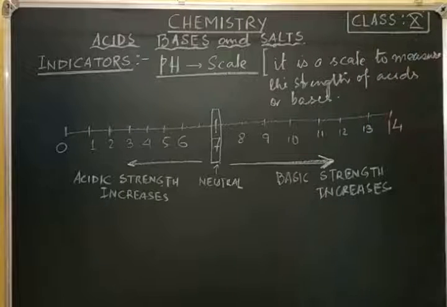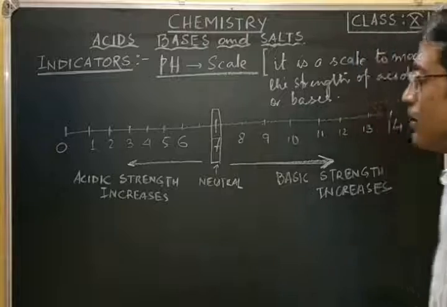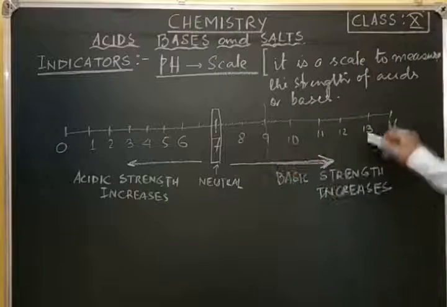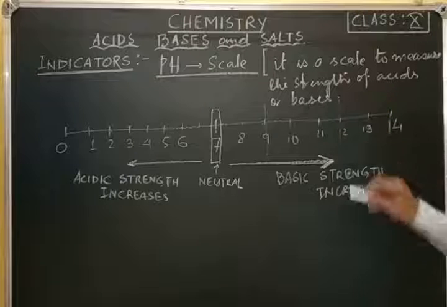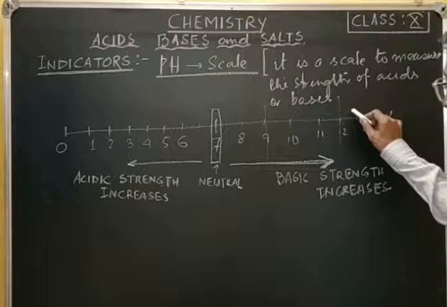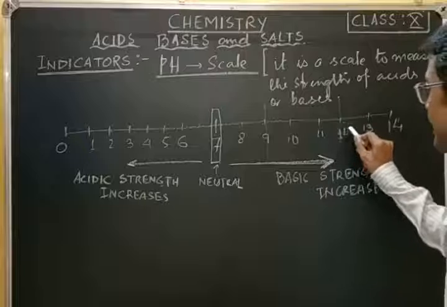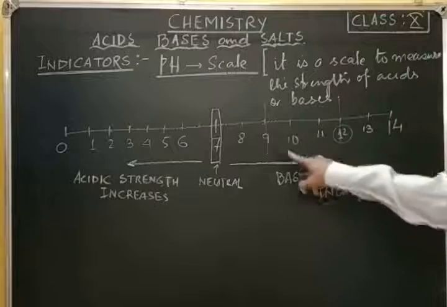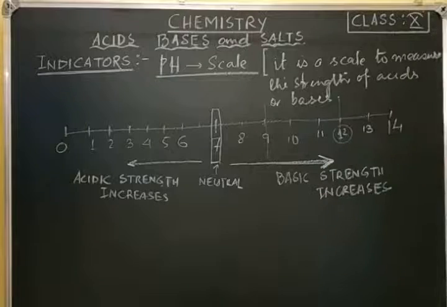What is the meaning of that? If one base has a pH of 9 and another base has a pH of 12, which one is more alkaline or more basic? The base which has a pH value of 12 is more basic than the pH value of 9. So this is the scale.